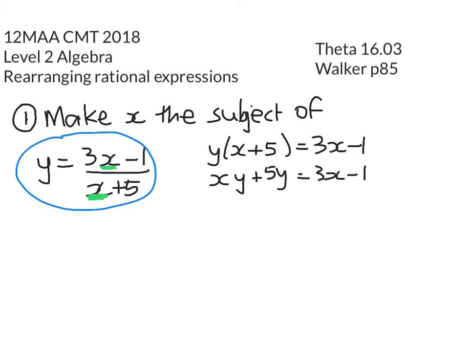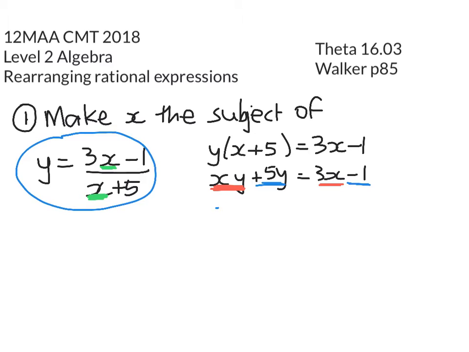And it suddenly looks a whole lot better, because here we've got an x in this term and an x in this term, but we've got no x's in these others. So we're going to do our usual Year 9 algebra operations to gather up the terms with x and gather up the terms without x.